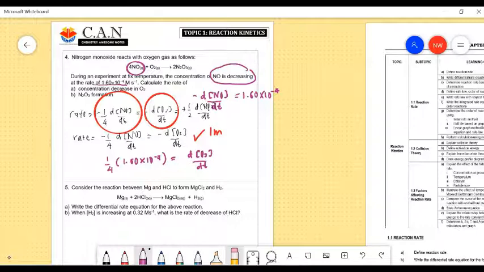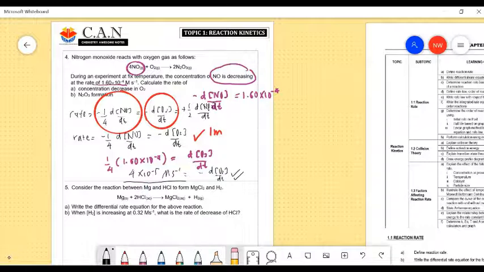Okay, so kita buatkanlah calculation. 1.60 10 negatif 4 bahagi dengan 4. So, kita dapat dekat sini 4 kali 10 negatif 5 ms negatif 1 equal to rate depletion of the oxygen. So, this is the final answer.